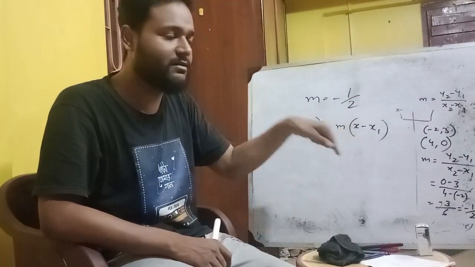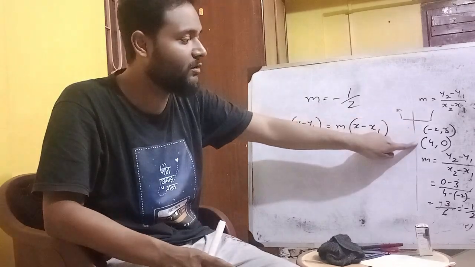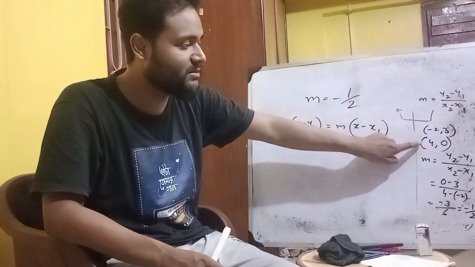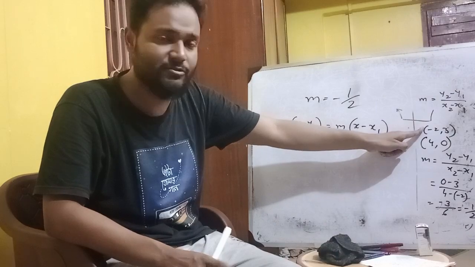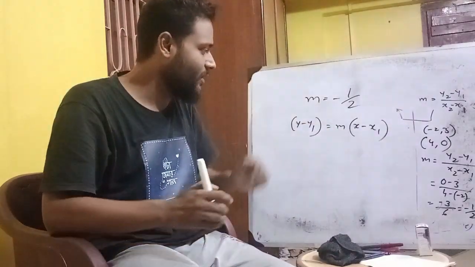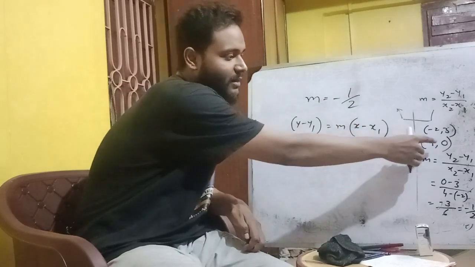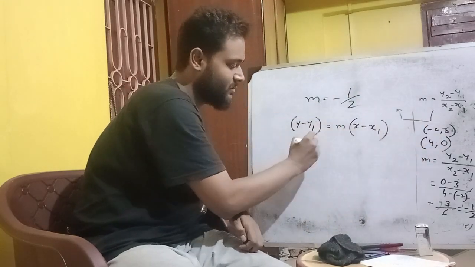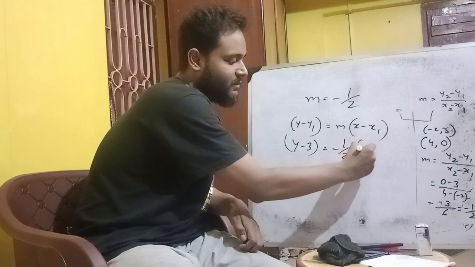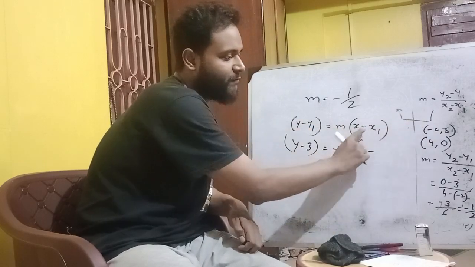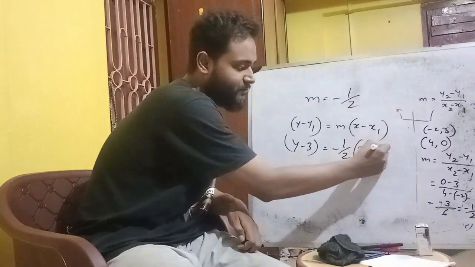So in this equation we have to take this as x1 and y1, not this one, because that was the x2 and y2. So basically we have to take this one as x1 and y1. So y minus y1. So y1 is what? y1 is 3. Slope is minus half into x minus of -2, that will give +2.